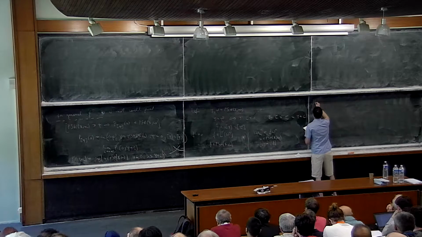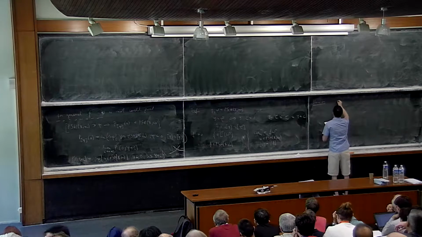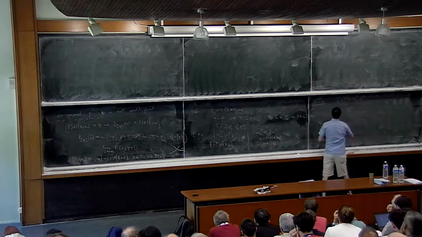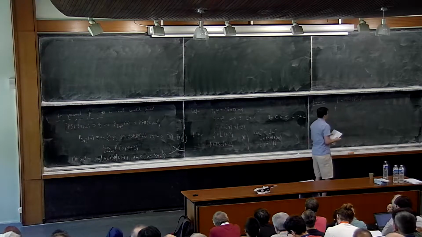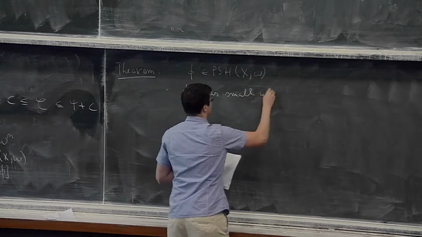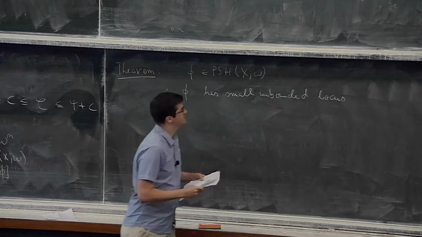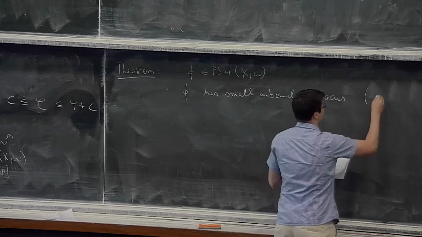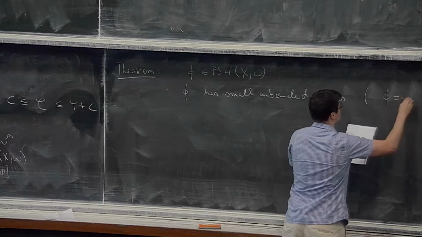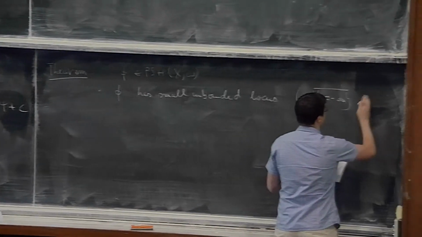Main theorem. So if you have phi a plurisubharmonic function, and phi has small unbounded locus. This means that this set is completely pluripolar.